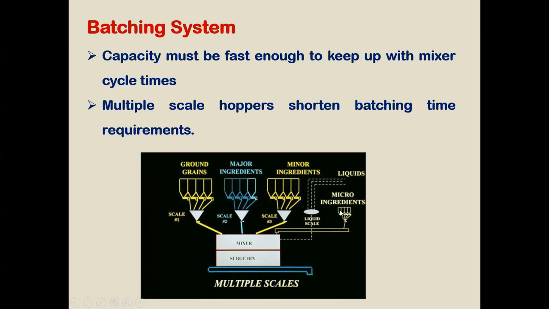Micro ingredient hoppers are also there for the addition of additives, antibiotics, toxin binders, and other supplements. So different ingredients come to the mixer simultaneously and are mixed to make a homogeneous mixture.